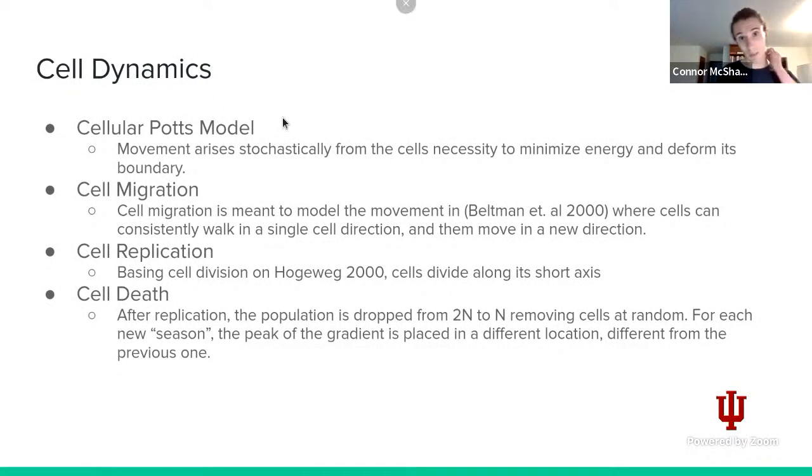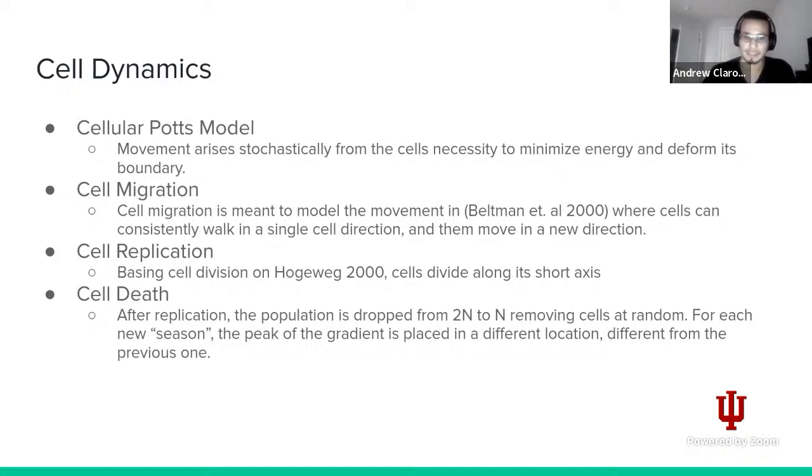And yes, now I believe, Andrew, this is you again. This goes over what we had in our previous presentation a few weeks ago, but to reiterate: they're using the cellular Potts model, where the cells move stochastically and all their actions are determined by minimizing energy. There is cell migration, the persistent migration where they consistently walk in a single direction.